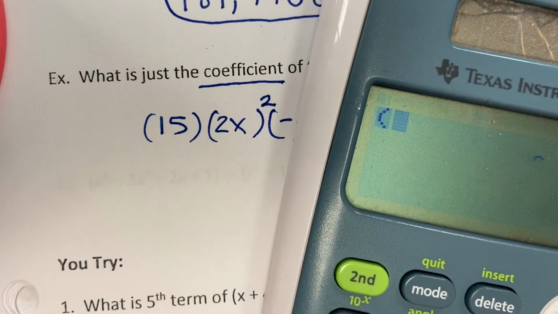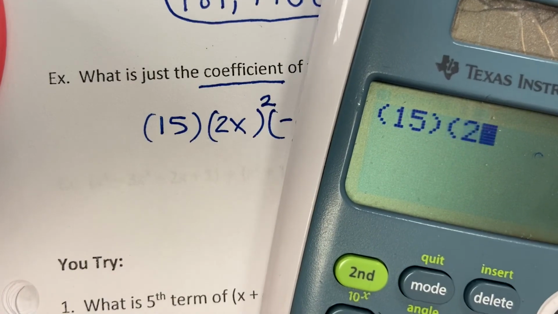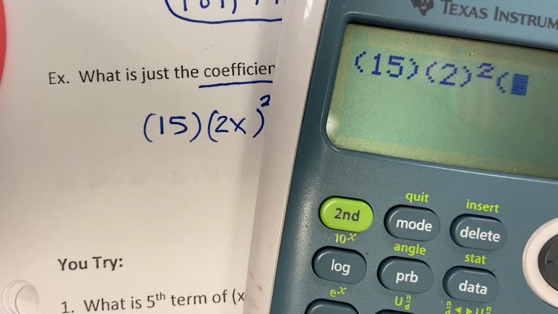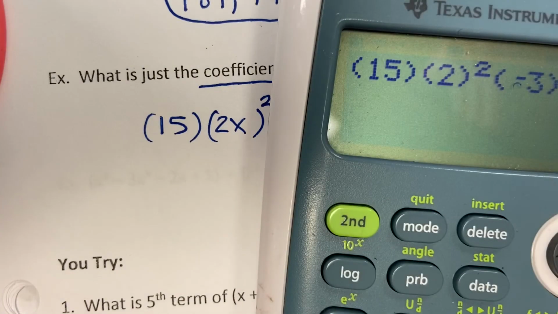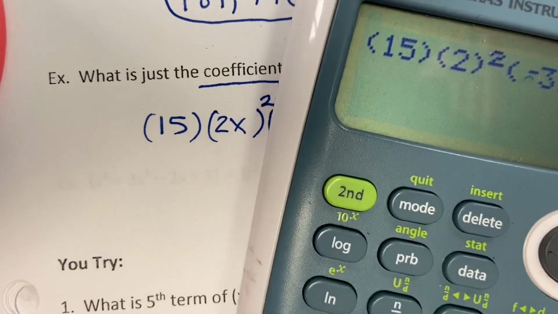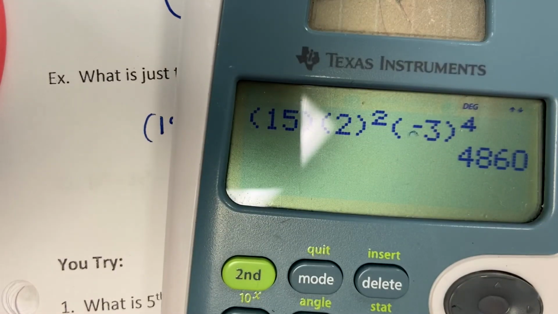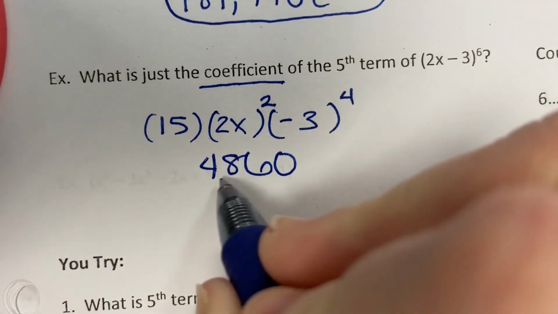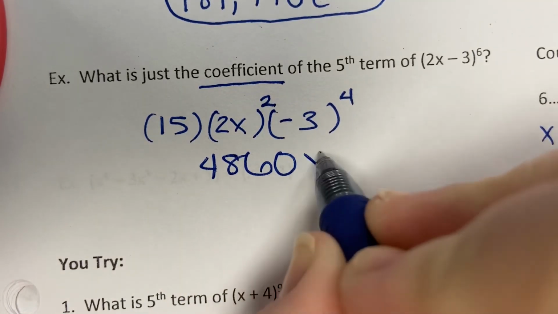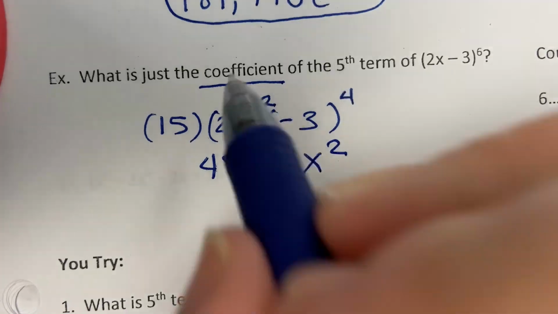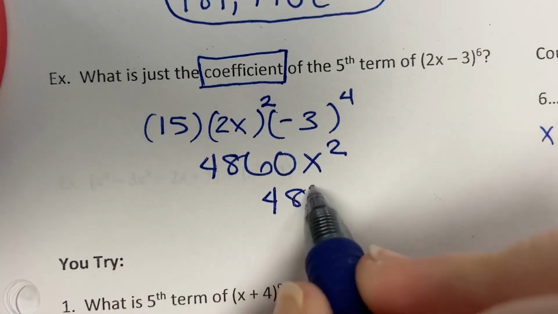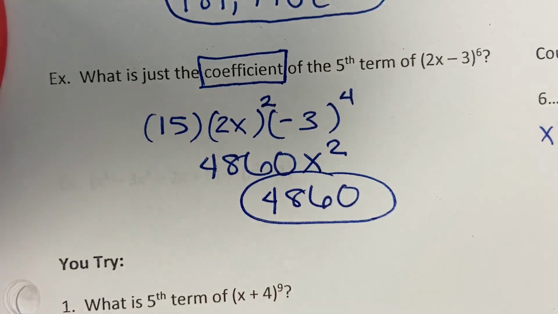So I have a 15, a 2 to the 2nd power, and a negative 3 to the 4th power. And I got 4860. Now, it's 4,860x squared, right? But what did they ask for? The coefficient. So really, I just need 4860. All right, and that's it.